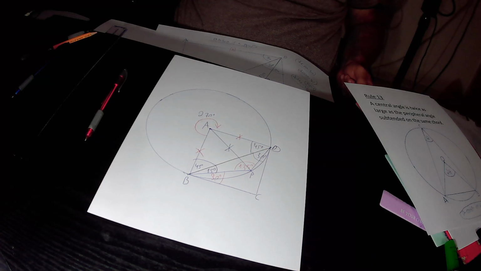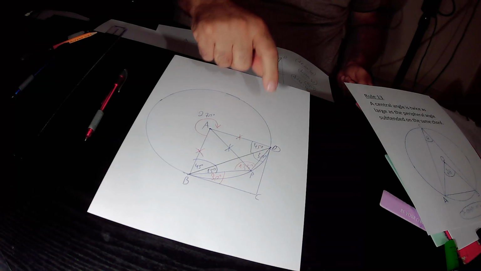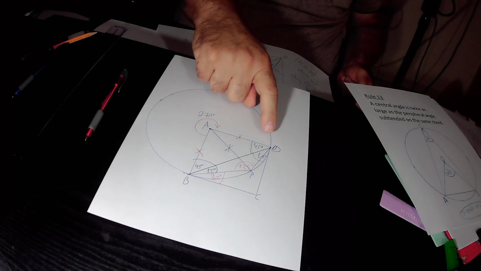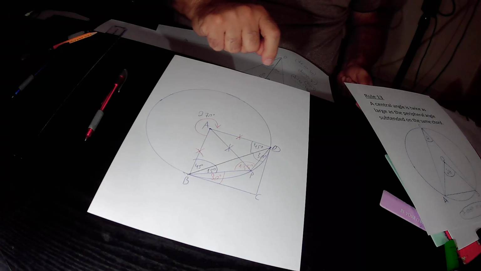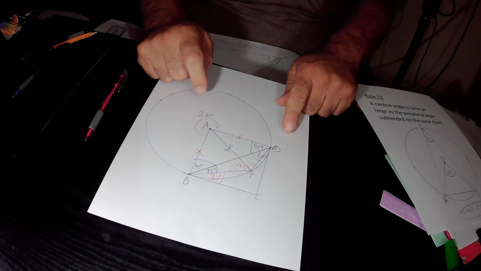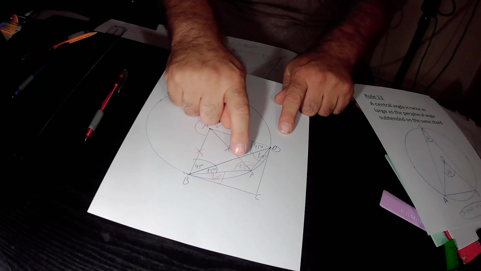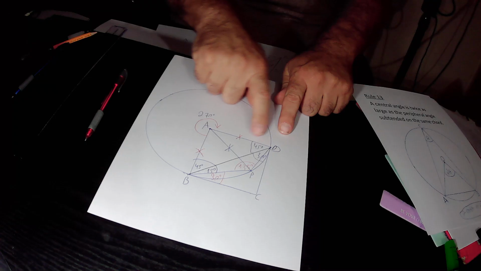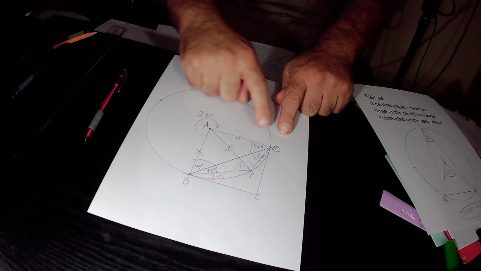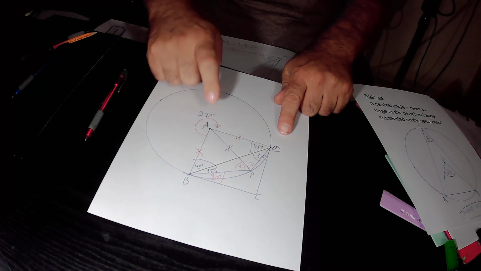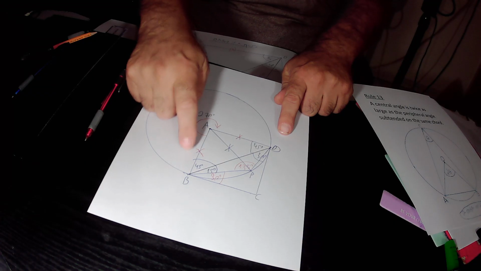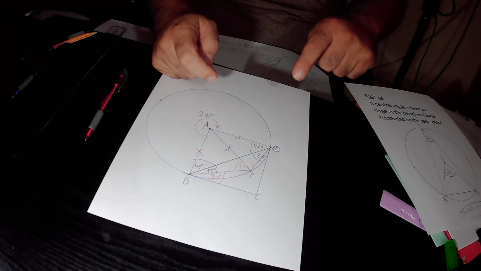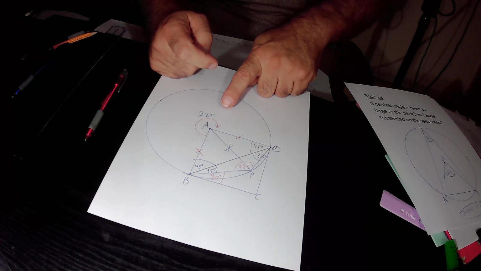Okay, so actually I found out that DPB is a peripheral angle, because angle DPB equals 125 degrees in size, and it subtends the same chord called DB, exactly like central angle BAD, and it is half of the size of central angle DAB, which equals 270 degrees.